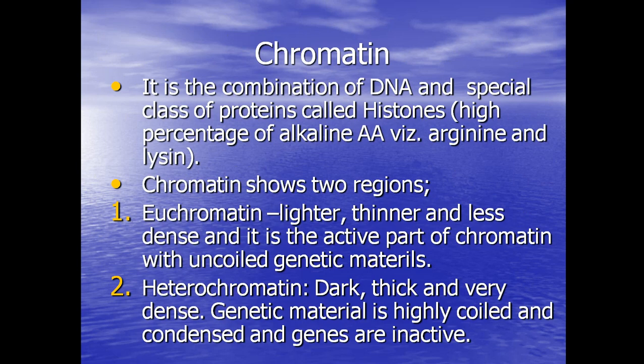Euchromatin is lighter, thinner and less dense, and it is the active part of the chromatin with uncoiled genetic material, remember. So even if you stain, it takes light staining.